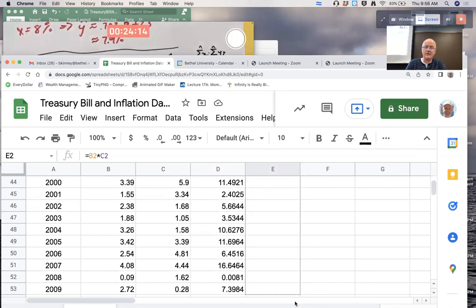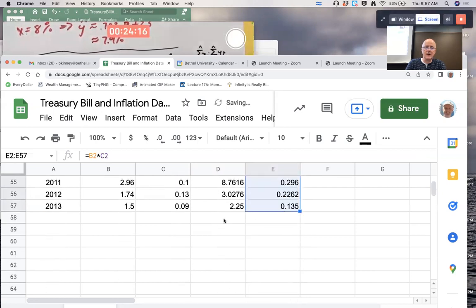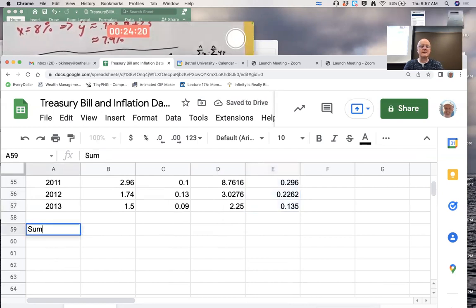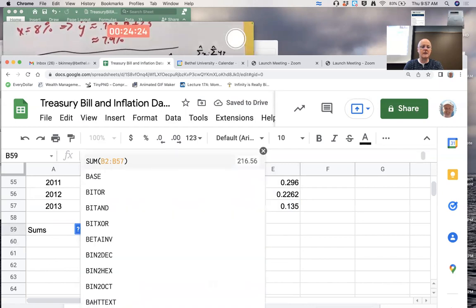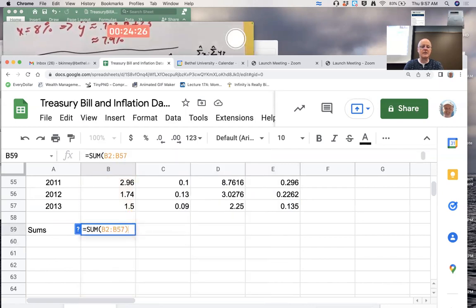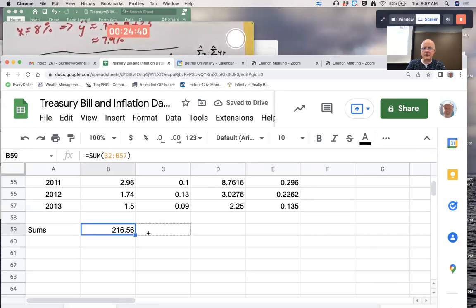Click and drag that down. All right, let's do the sums of the columns. So equals SUM, B2 colon B57 will add up the numbers in column B, which are the inflation rates. And I can just click and drag that over to the right to add up the other columns.